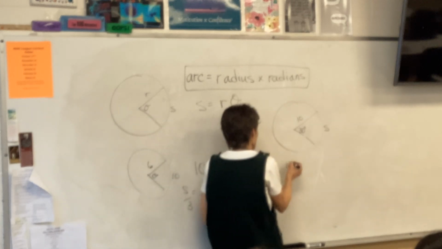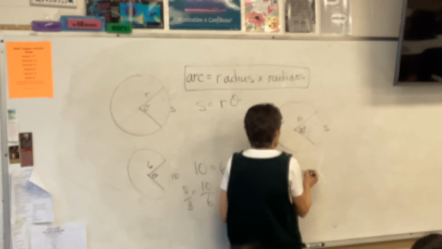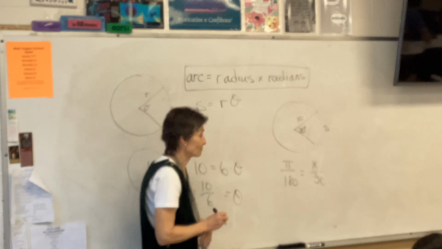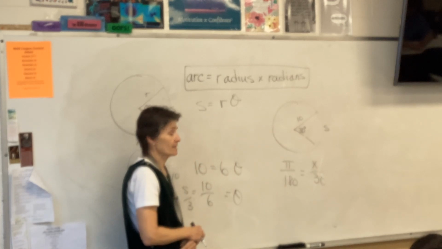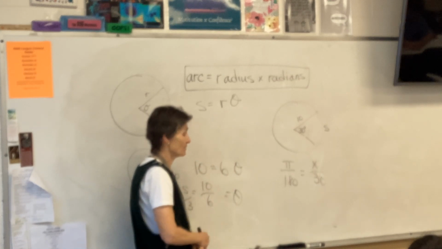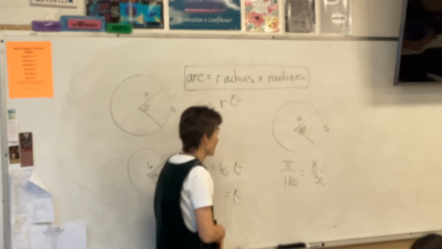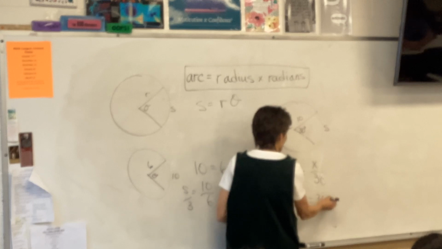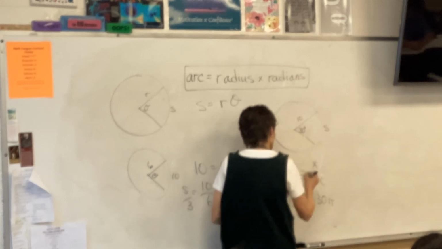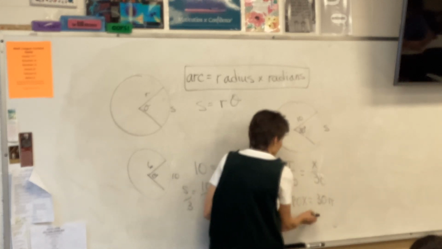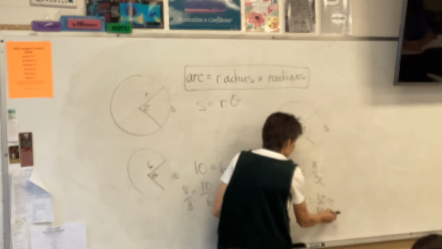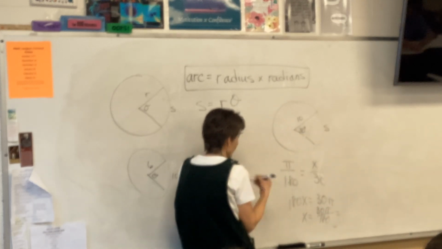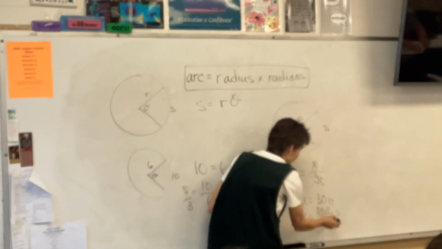Pi over 180 equals x over 30. That's exactly right. Hopefully you're taking some good stuff here because it's a long time till we get back to this. So 180x equals 30 pi, if I just cross multiply. And then divide by 180. And then always reduce. So I can cancel out the zeros.